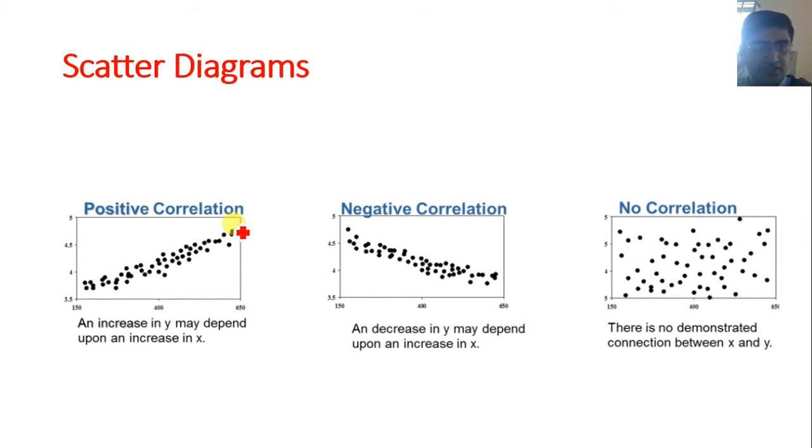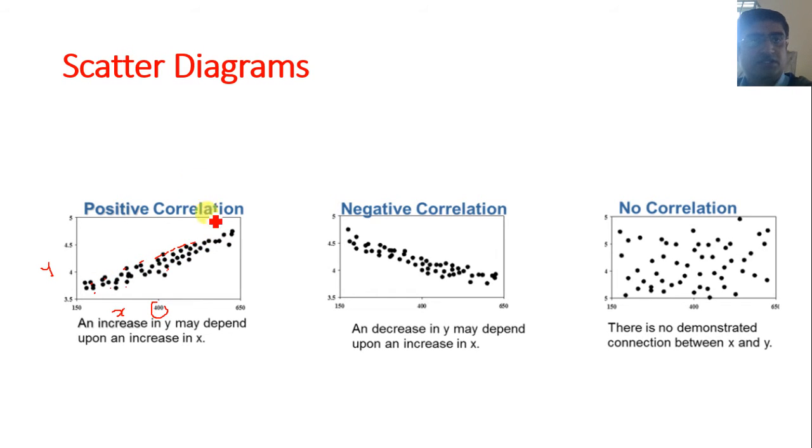So in the figure, first of all, on the x-axis some values are plotted, and on the y-axis some other values are plotted. Here x and y are both different variables, and here is a value of x and here is a value of y.